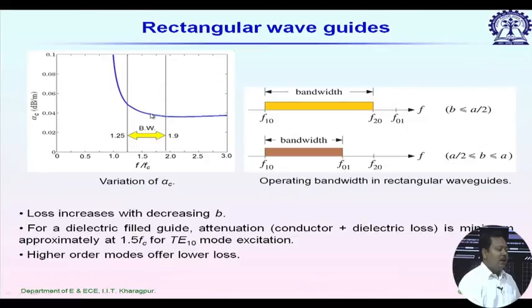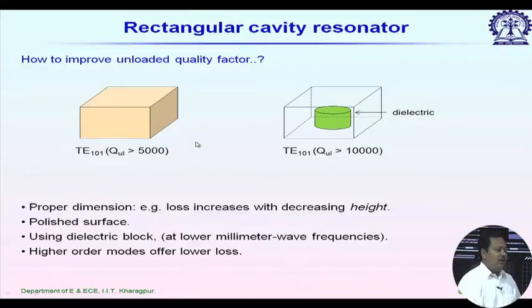The only thing is that at 1.5 times fc it will be minimum. After that, it will slowly increase, and we define the bandwidth again by the same numerical values, 1.25 fc to 1.9 fc. So look at this plot.